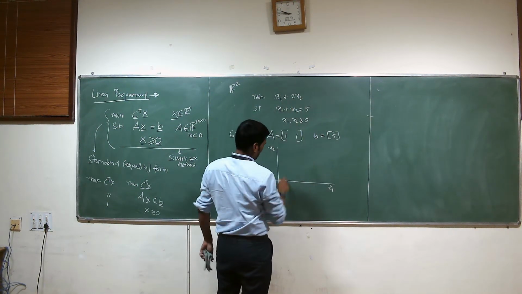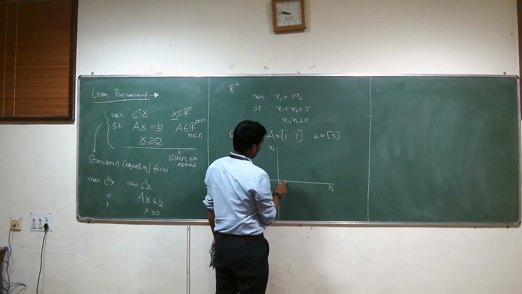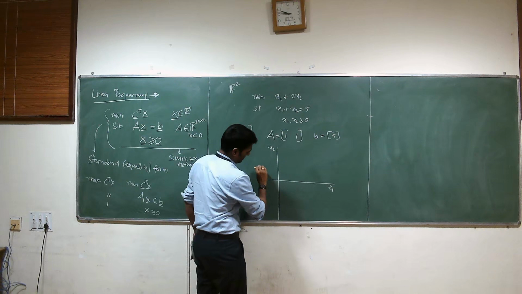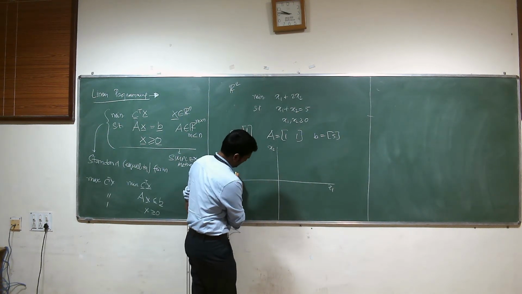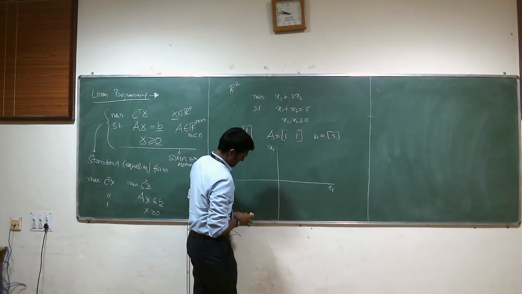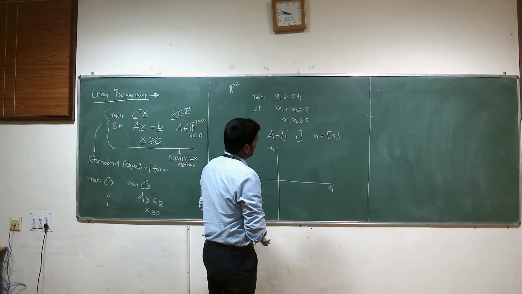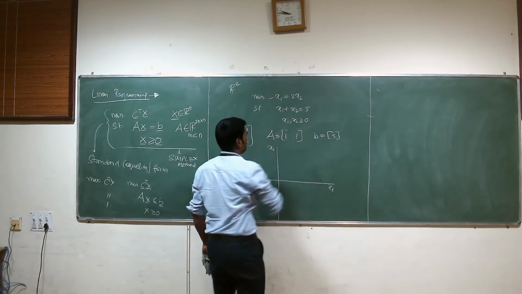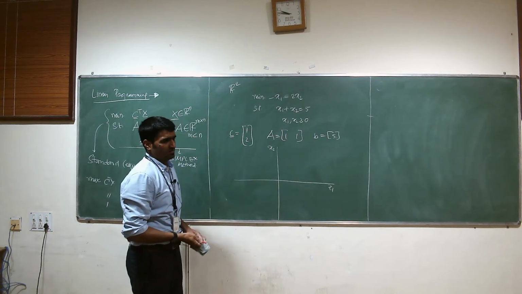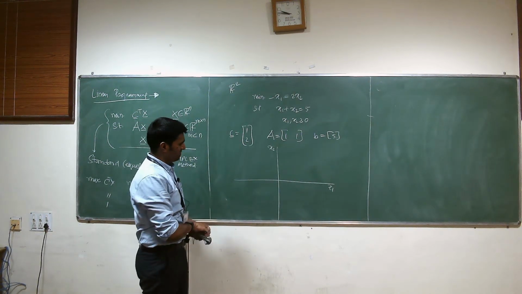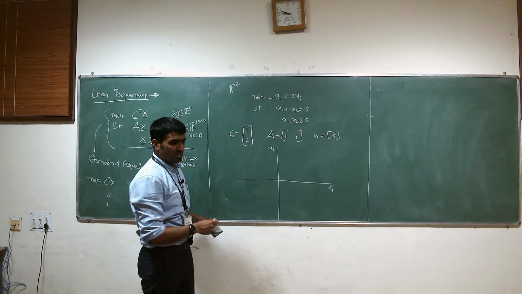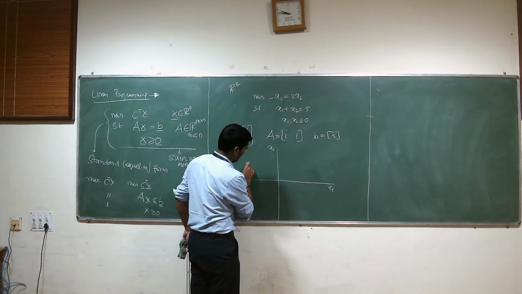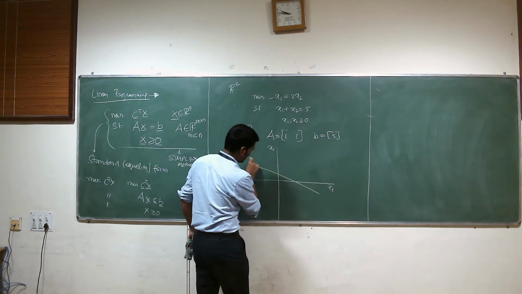The value of C transpose x is 1 at (0, half) as well, right? So it's like this. Let me just change this slightly. Anyways, the contour does not change. I've simply changed the direction in which the function increases. The contours are like this.